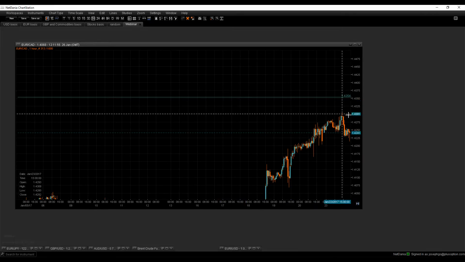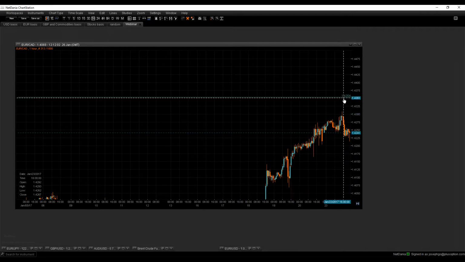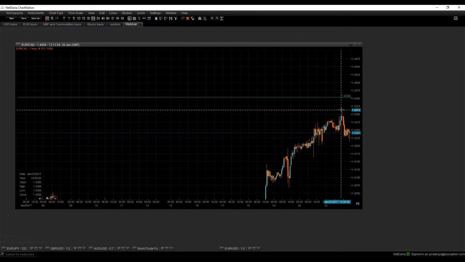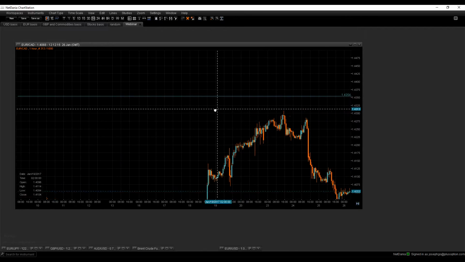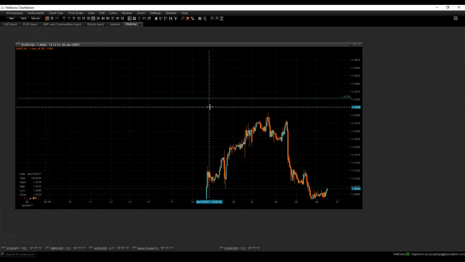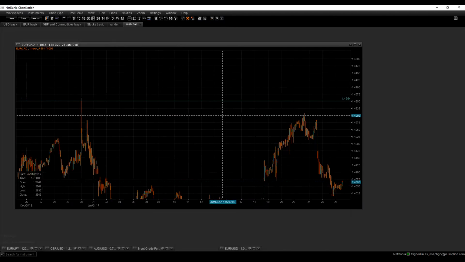Now, it's very important, for me at least, that I see the price actually hit the line. There are traders out there that will take trades before an actual resistance line is hit. I don't recommend it, especially for those just starting out. So let's continue to watch and see if we can see the price actually hit that line. Not in this example.